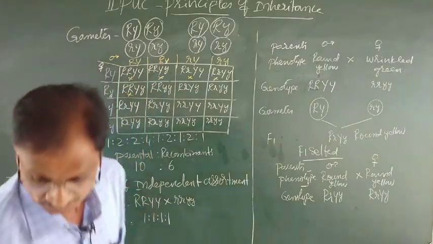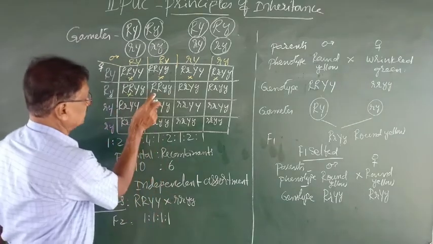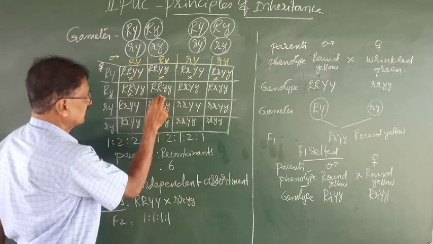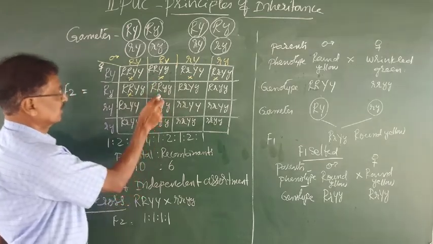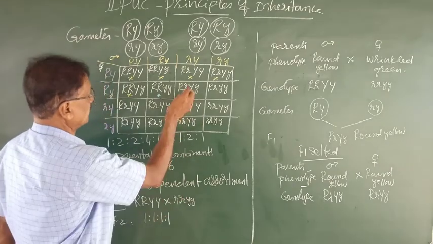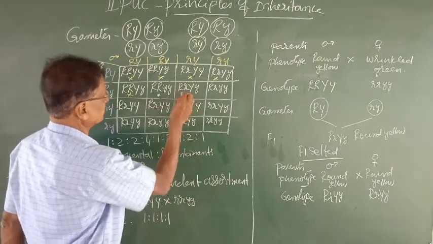This one, observe, round but green, so you have to give a different symbol. What may be this one? Again it is round yellow.